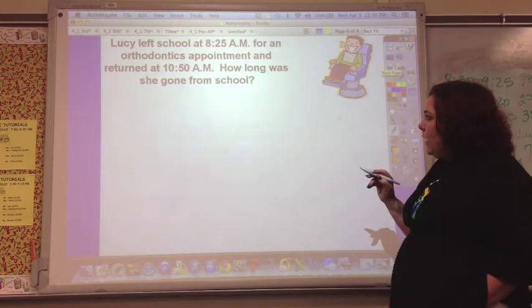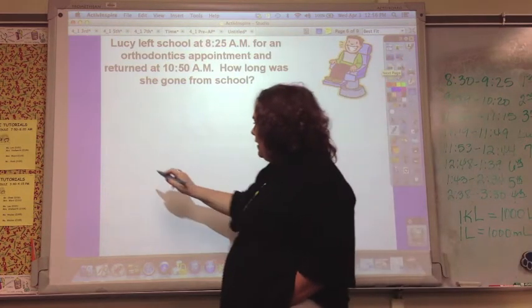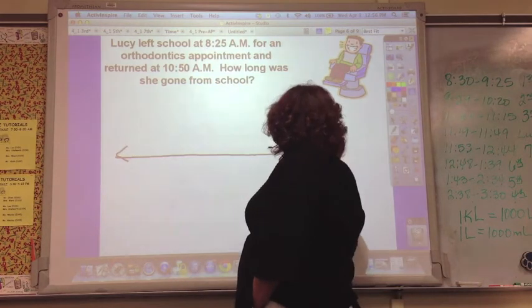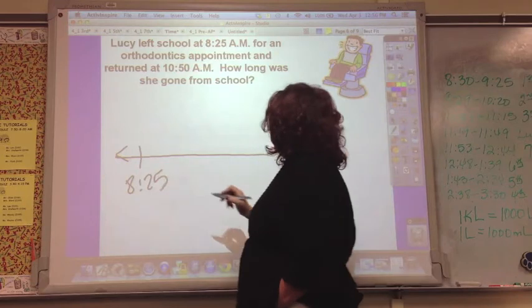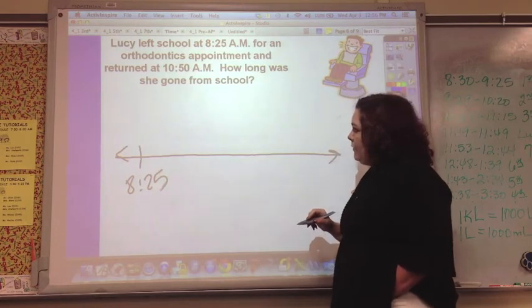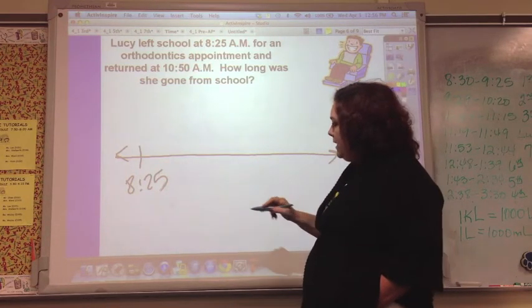Lucy left school at 8:25 a.m. So I'm going to do my number line, and here's 8:25 for an orthodontist appointment, and returned at 10:50.